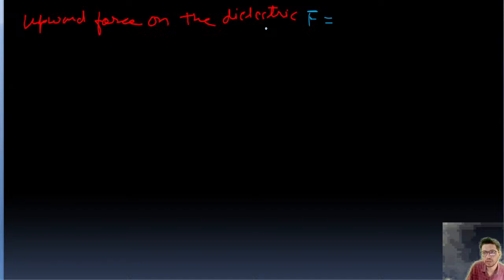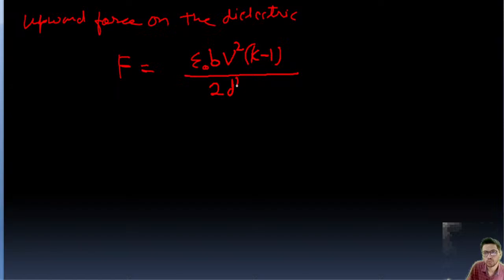I'm going to write that. F equals epsilon 0 B V square (K minus 1) upon 2D square, guys. Very important formula you need to note down.